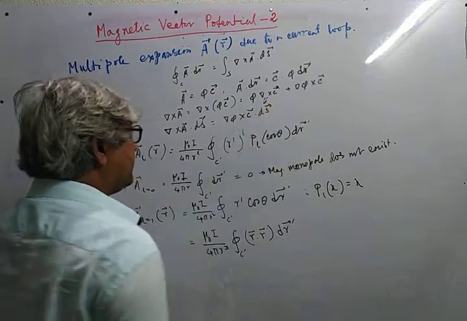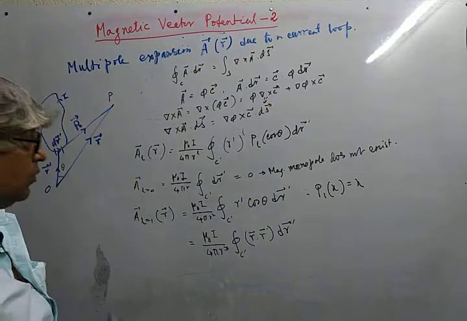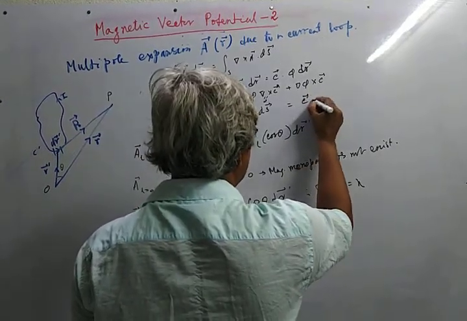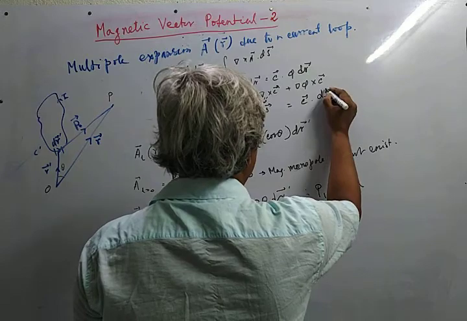It is a scalar triple product, so that we can write it as C dot, grad phi cross ds.